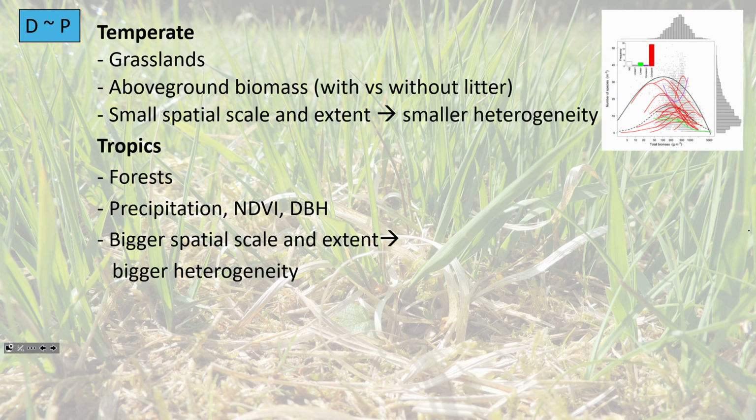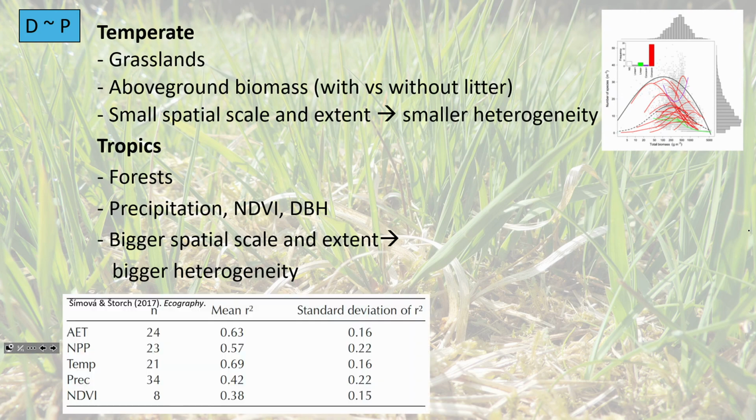On the other hand, if you look into the tropics, it's generally done in forests, so the estimates of productivity are also different because it's hard to harvest forests, so there are some indirect measures like precipitation and DBH, which is nicely summarized here in Šímová and Storch 2017.